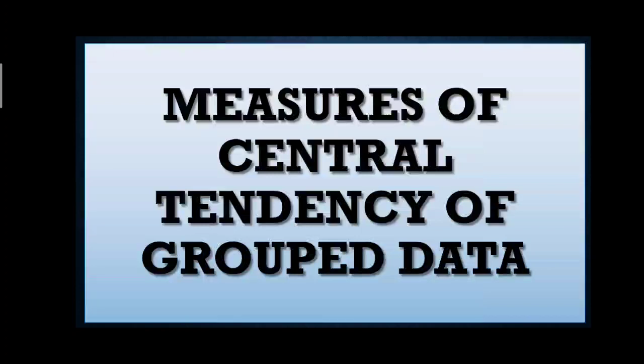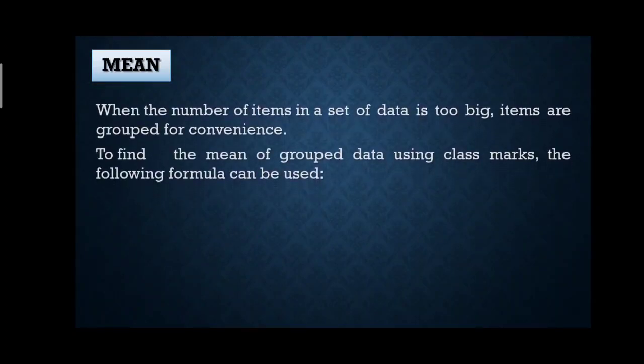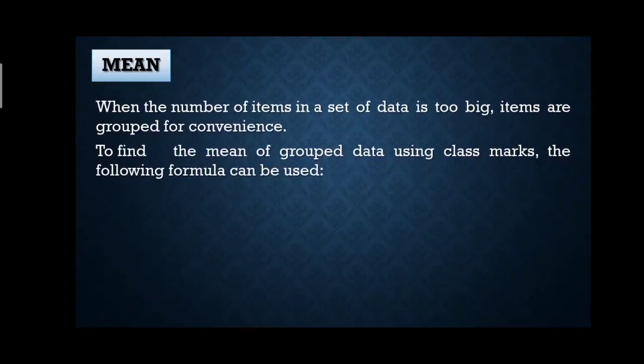Measures of central tendency of group data. Mean. Earlier I discussed that the mean is the average, that is in ungrouped data. Mean is the average, but in group data there is another formula.